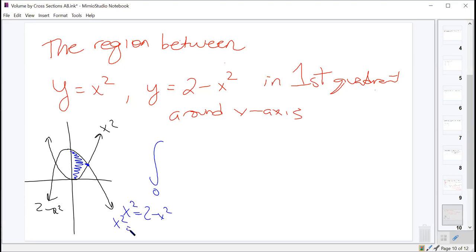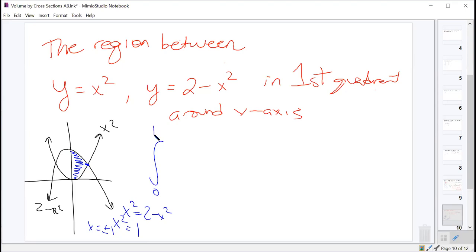Add and divide, x squared equals 1. You guys know how to solve basic algebraic equations, right? Okay, just making sure. So if x squared is 1, then x is positive or negative 1. If we're talking first quadrant, then we should be talking x equals 1.